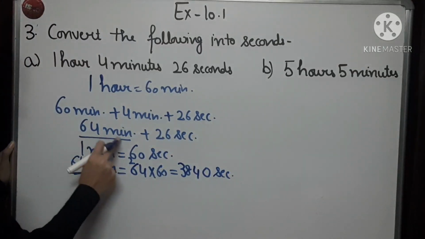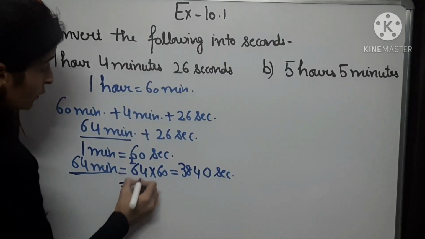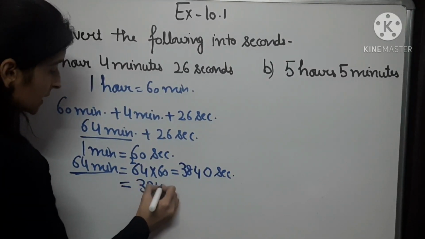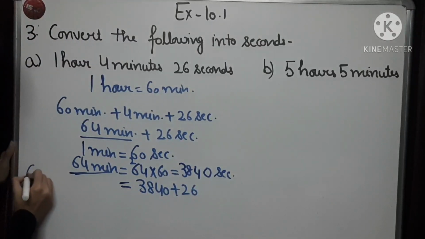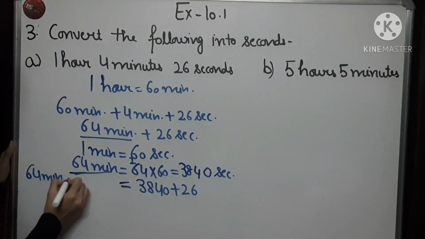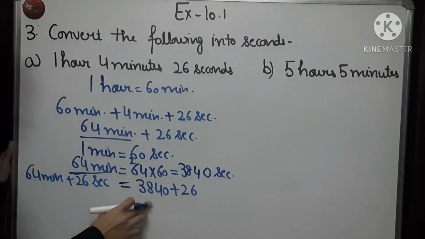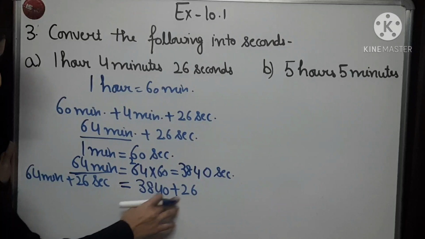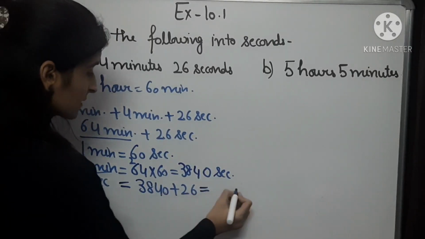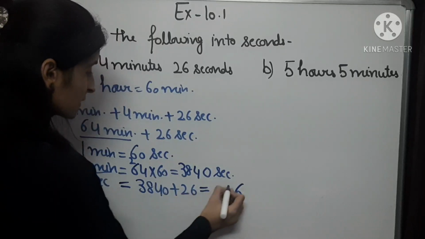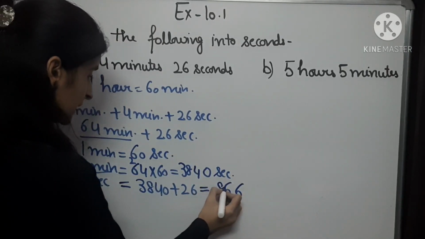But 64 minutes plus 26 seconds will be equal to 3840 plus 26. It means 64 minutes plus 26 seconds is equal to 3840 seconds plus 26 seconds, which is equal to 0 plus 6 is 6, 4 plus 2 is 6, then 8 and then 3.